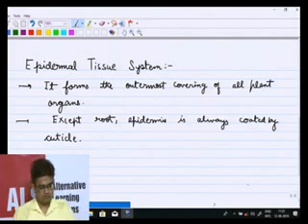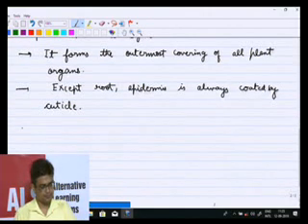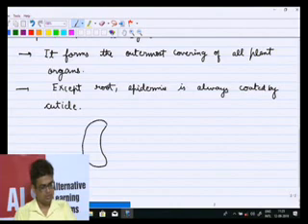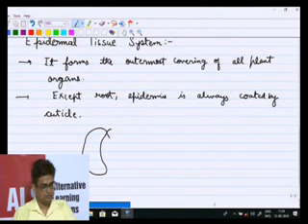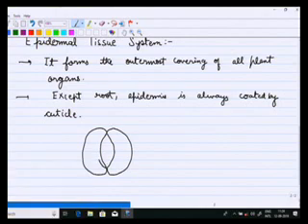So I told you that the most important part of the epidermal tissue system are the stomata, and stomata we have to study. There are two types. One is the lens shaped stomata, which is the most common stomata in dicots, and the other is the dumbbell shaped stomata, which is seen in the case of monocot grasses.